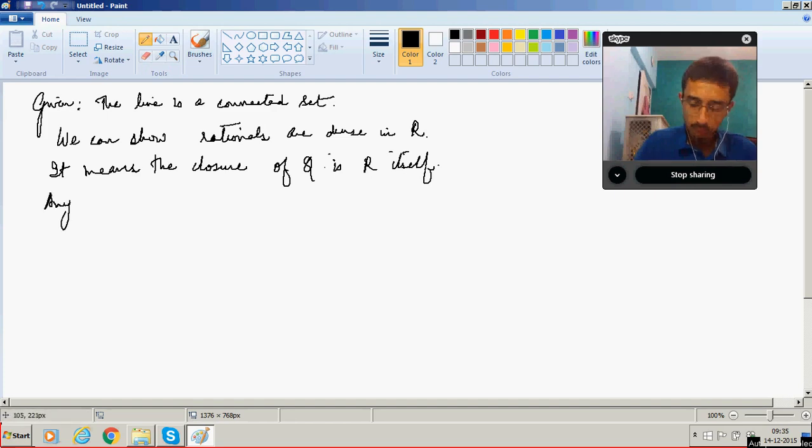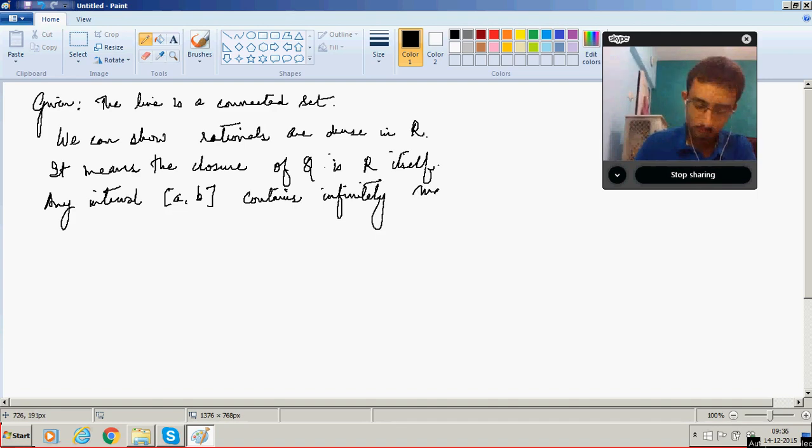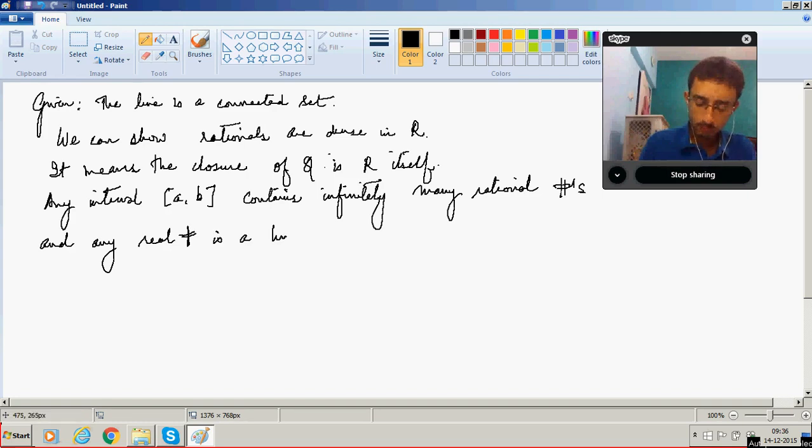Any interval AB contains infinitely many rational numbers, and any real number is a limit point of the rationals.